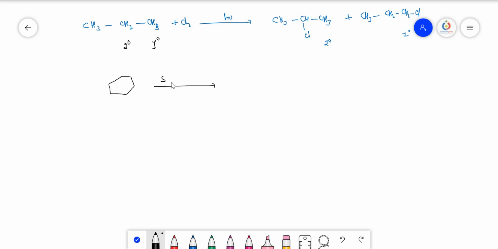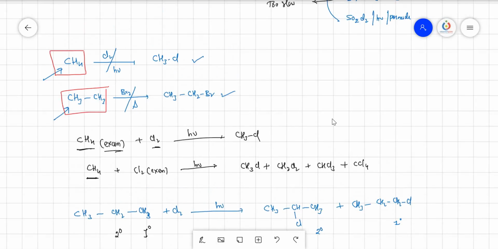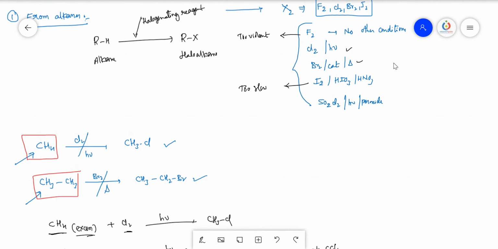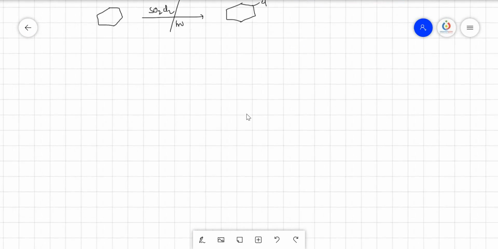This cyclohexane molecule is subjected with SO2Cl2 in the presence of sunlight. You will get chlorocyclohexane, okay, because chlorination takes place on the alkanes. The thing to be remembered here is these reagents. Any of these reagents on reaction with the alkane gives the haloalkanes. So others are simply application methods.